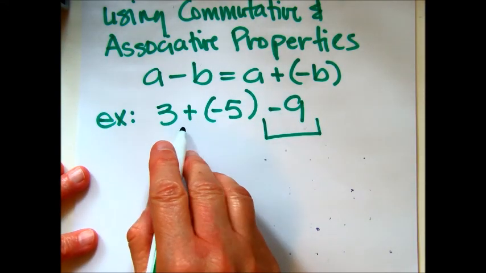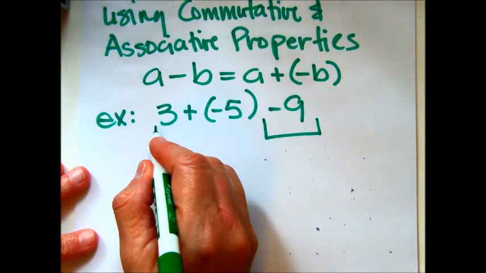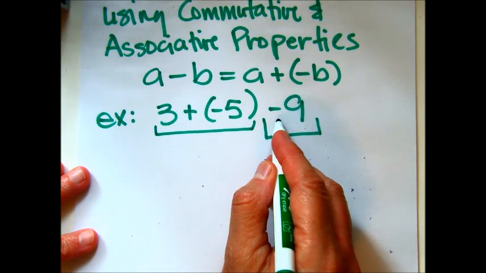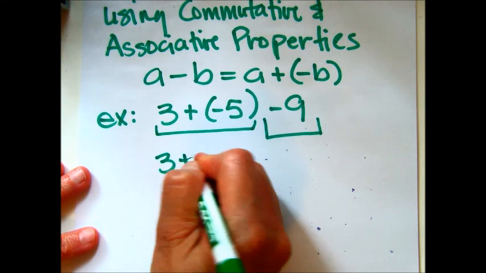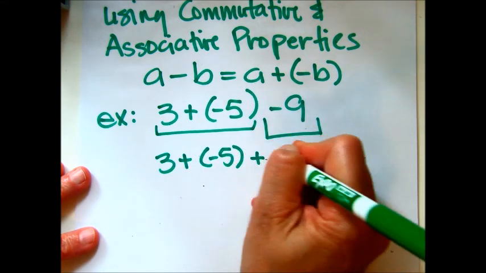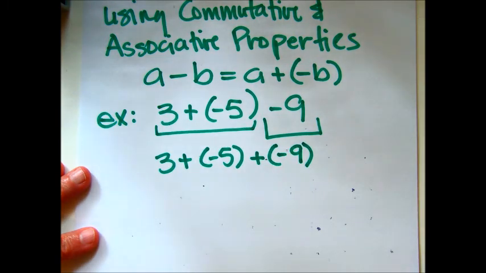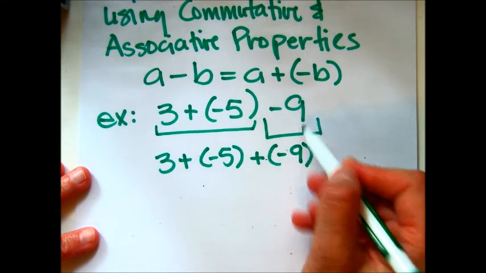Notice this is already an addition, so we don't need to do anything here, but we want to change this minus 9 to addition. So I'm going to rewrite 3 plus negative 5 plus negative 9. Okay. I took the opposite of a positive 9, made it a negative 9.